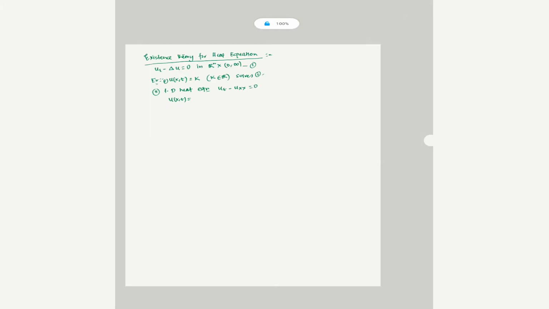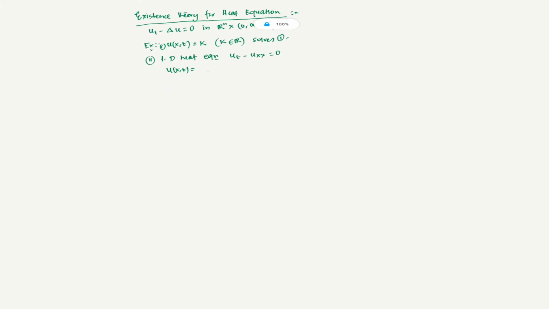Any solution of the one dimensional heat equation will look like this. I'm just showing you one way of doing this. I want a u whose one derivative with respect to t is the twice derivative with respect to x. So let's say u is t.